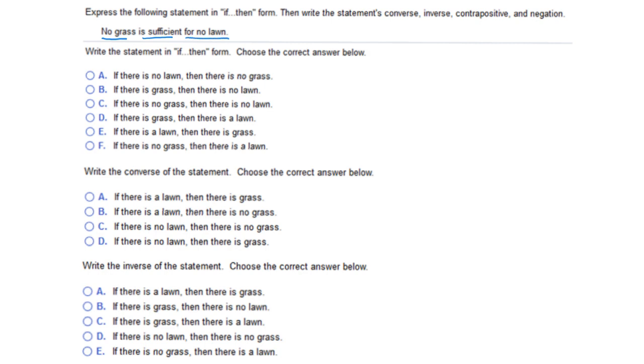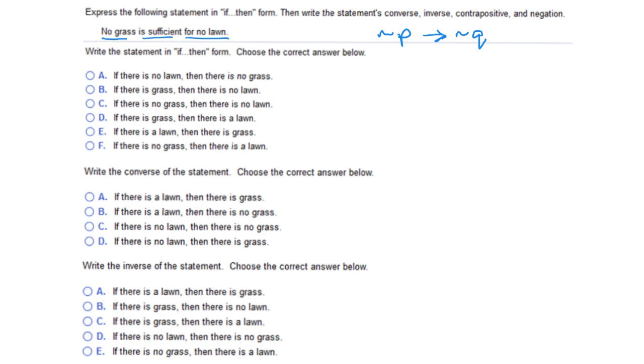When we think about this one, no grass is going to be not P. Is sufficient is another word for using a conditional. And for no lawn, that would be not Q. So having a lawn is Q, having grass is P, having no grass is not P, and having no lawn is not Q. So I have if not P, then not Q.